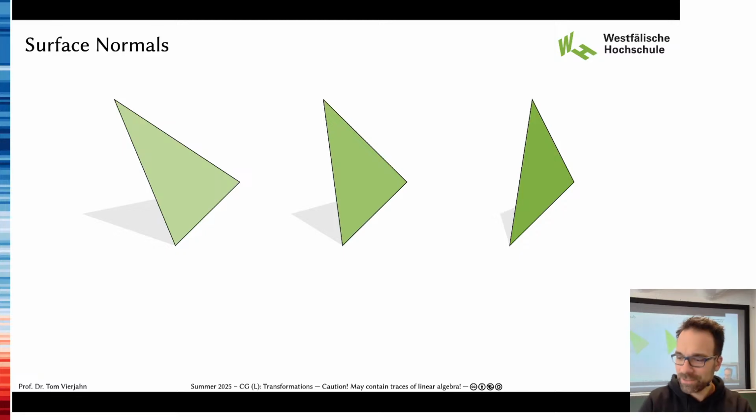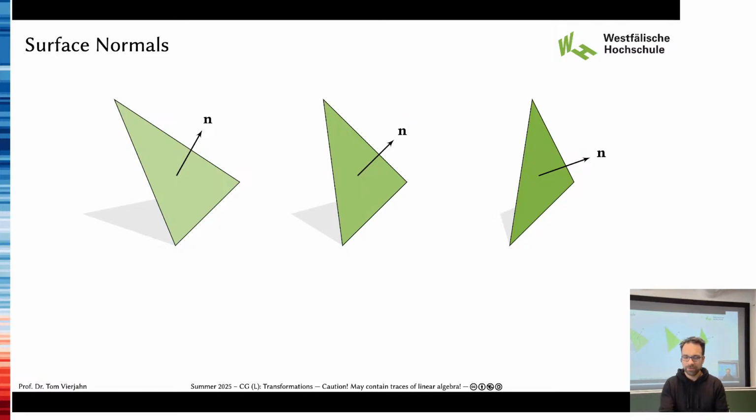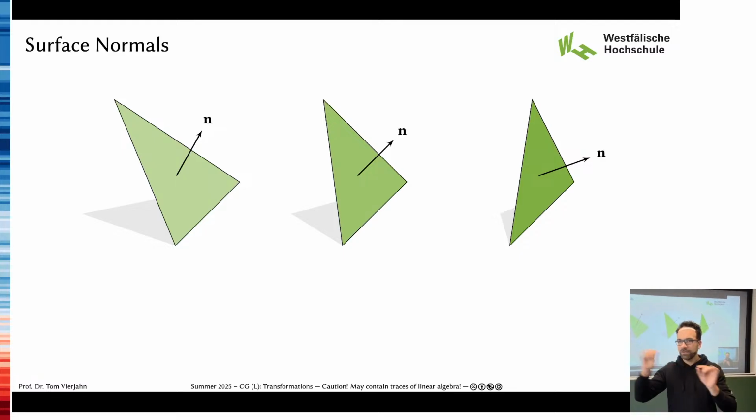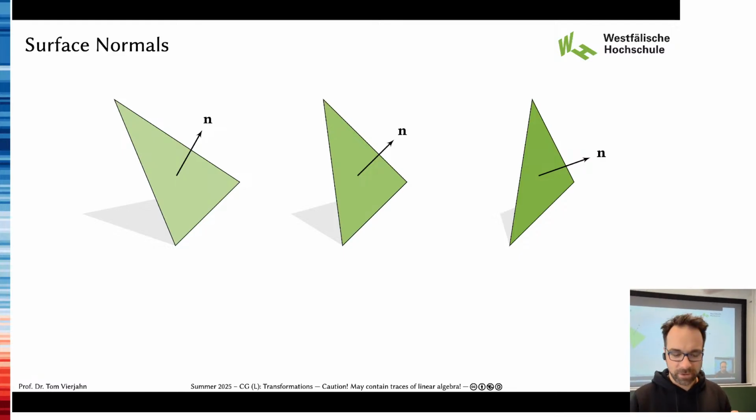And the plane's orientation can be represented by the normal, by a normal vector that I can denote with a vector arrow and an N, and it has one property concerning the plane or the triangle.